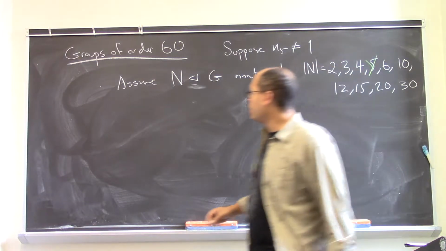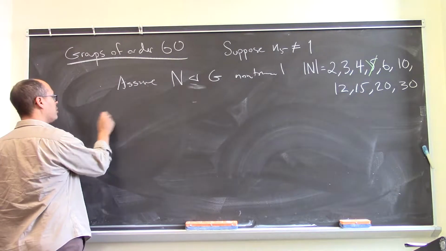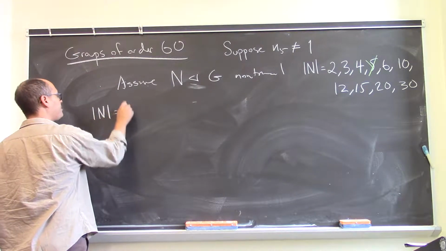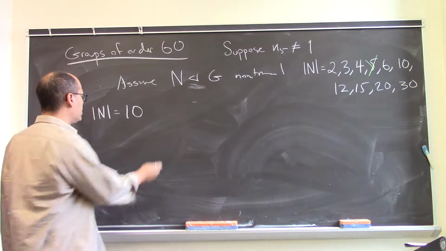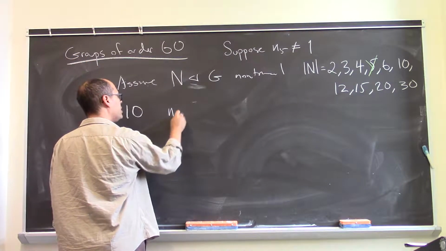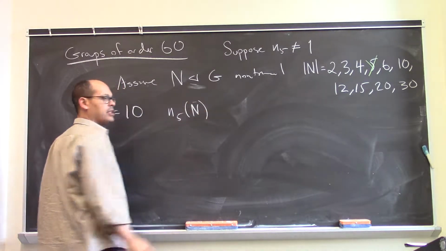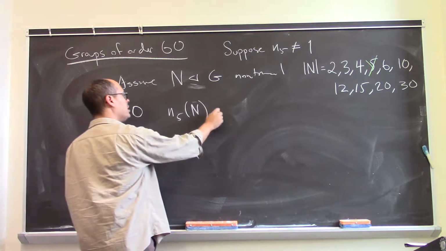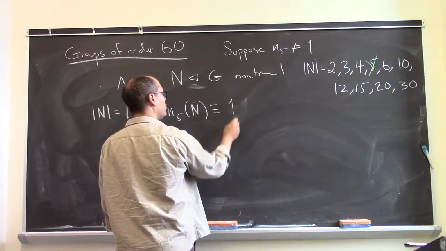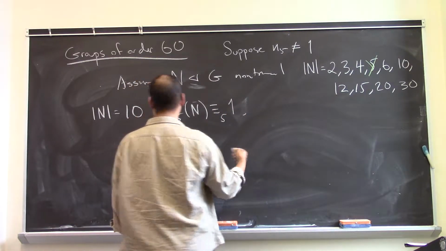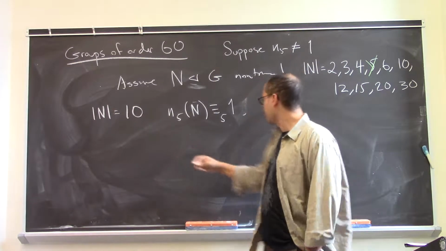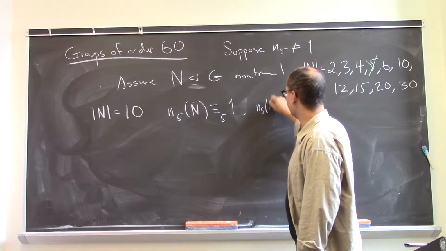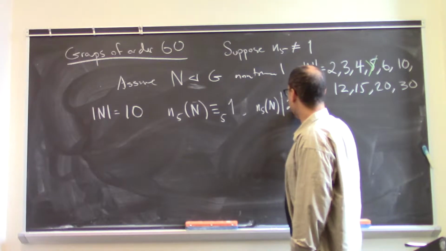Let's first start with what if the order of N is 10? If you have a normal subgroup of order 10, then inside that group itself, you can look at its 5 Sylow subgroups. The number has to be congruent to 1 mod 5, and it has to divide the index of the 5 Sylow inside of N, which is 2.